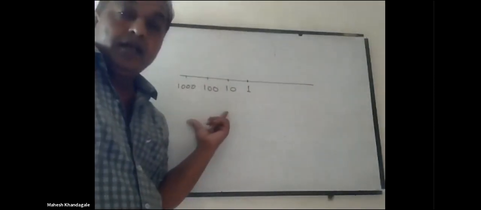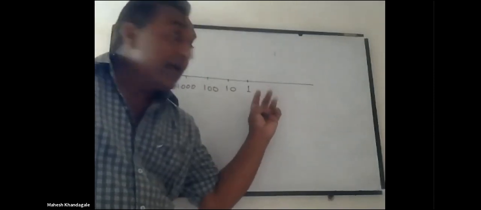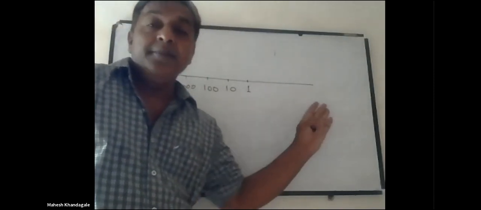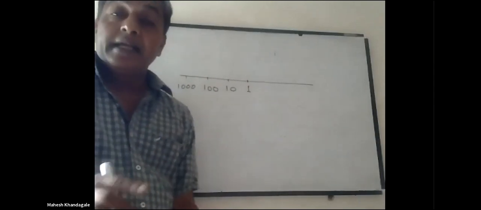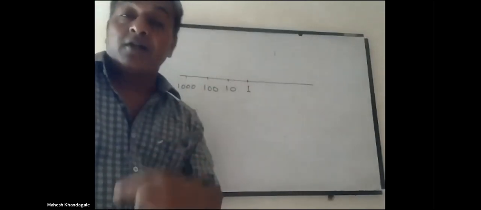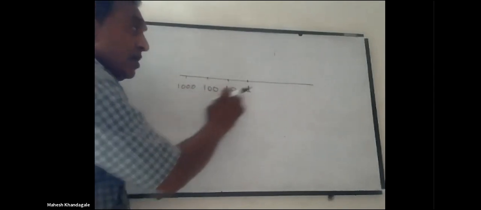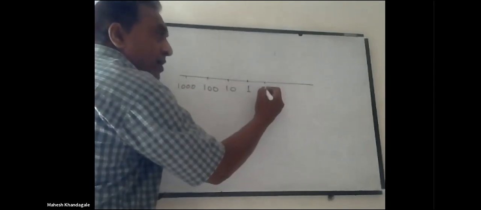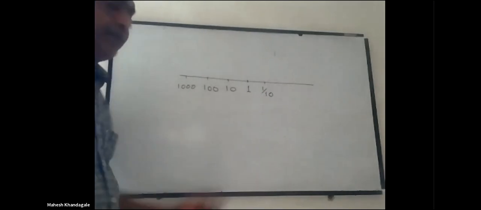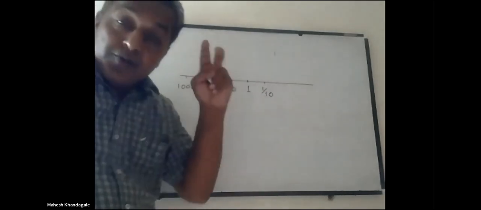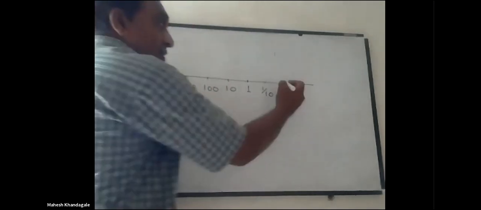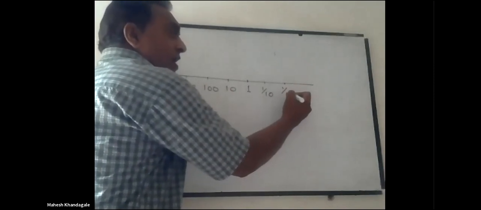Okay. You also know that on a number line, as we move to the right-hand side, the value will decrease by a factor of 10. That means, in the place value chart, this is ones, this is tens, hundreds, thousands, and on the other side it will be 1/10. Okay. So it will keep getting smaller. The next is 100.